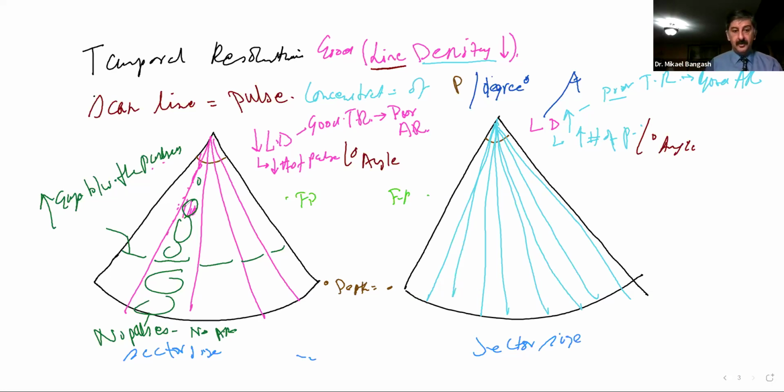But compared to this image over here, you can mainly see that there is less space between two consecutive pulses, right?